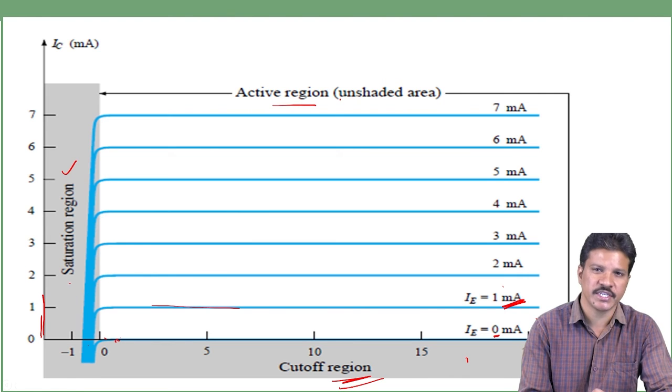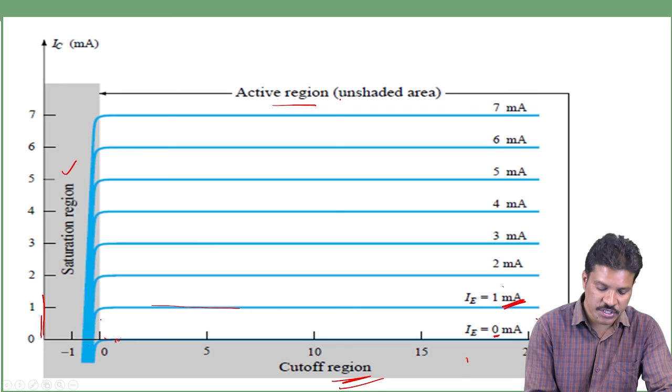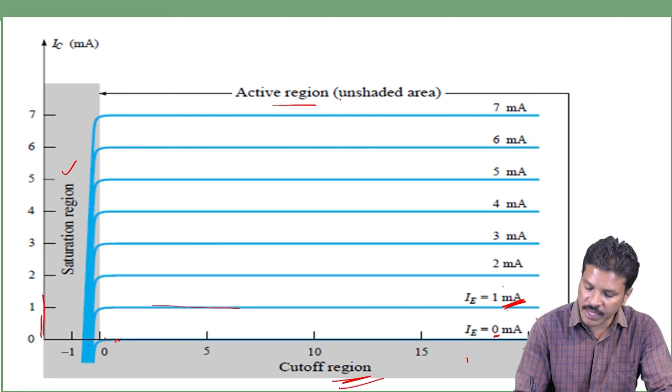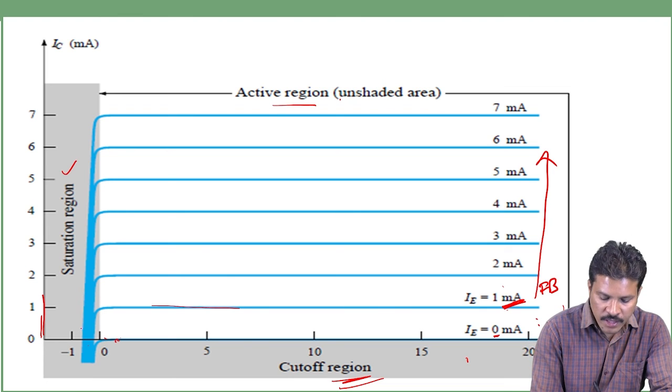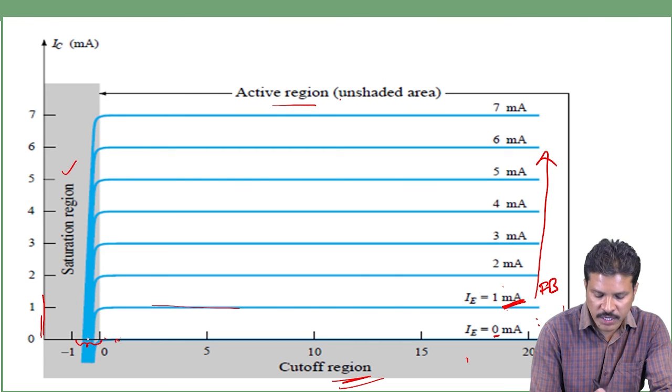What about the saturation region? In the saturation region, I am keeping IE greater than 1, which is forward bias. In this common base configuration, we must focus on this minus 0.1 to 0 region.